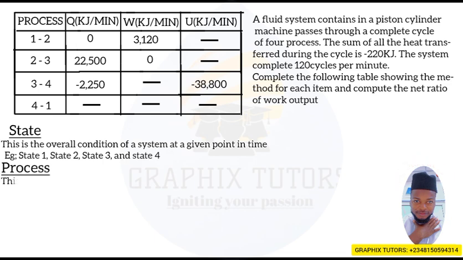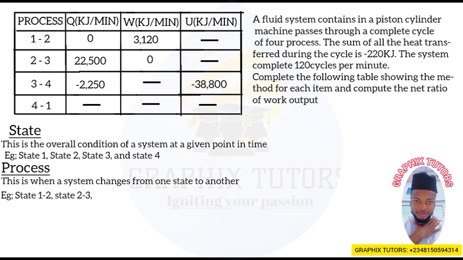What is a process? It is when the system moves from one state to another. So the system moves from state 1 to 2, that's what we call process 1 to 2. The system moves from state 2 to 3, we call it process 2 to 3. The system moves from state 3 to 4, that is process 3 to 4, and 4 to 1, that is process 4 to 1.